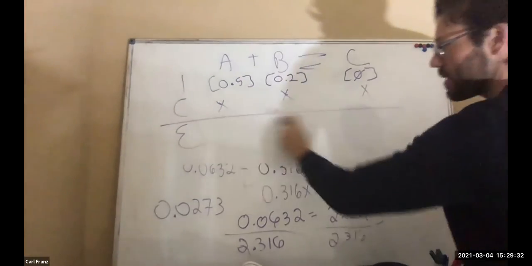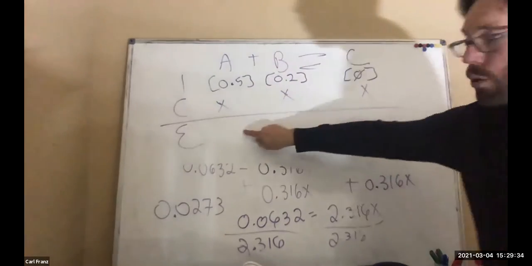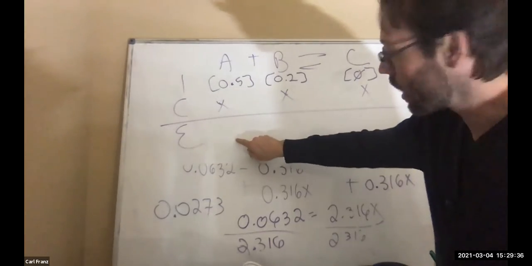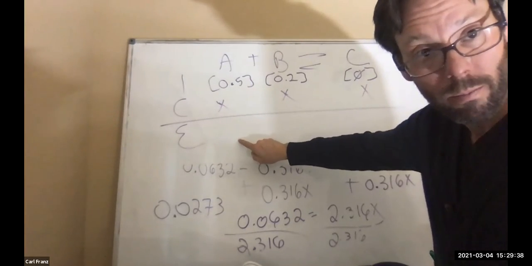K, whatever the value is for K, is going to be equal to the concentrations at equilibrium.